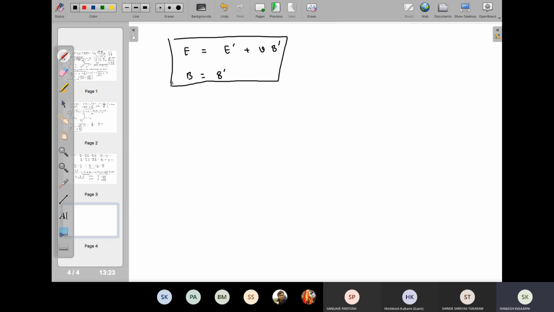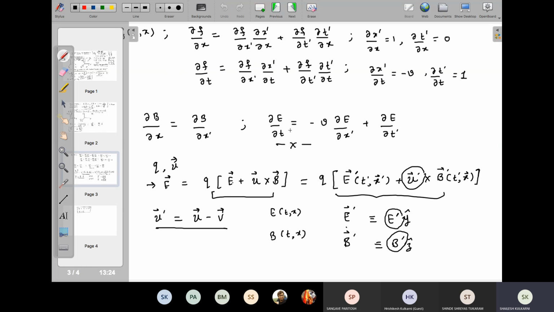Remember, when I write E prime, the arguments will be T prime, X prime, and when I write B prime, the arguments will be T prime, X prime here. When I write E here, then the arguments will be T, X. So B remains the same, but E is going to change its functional form. So now use this equation, use these transformations here.